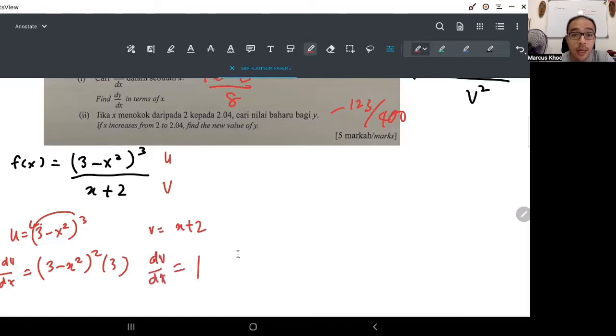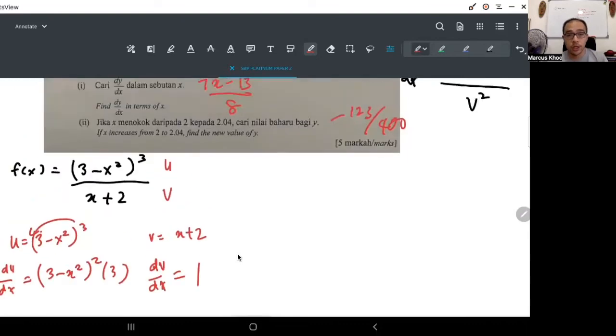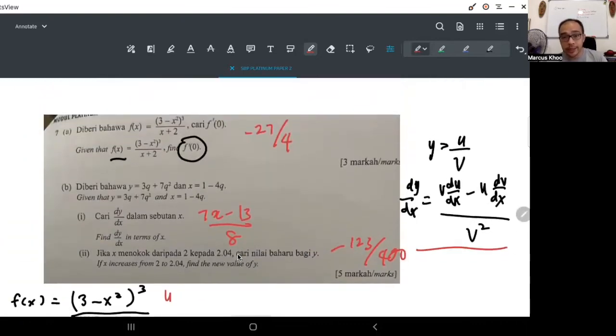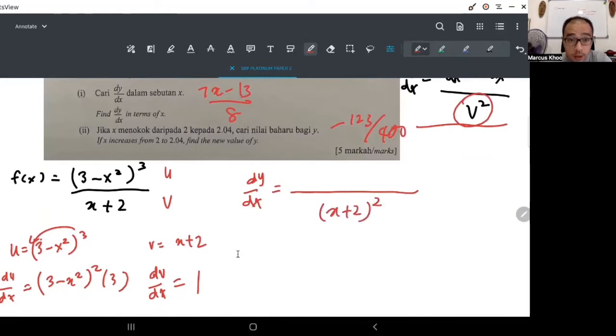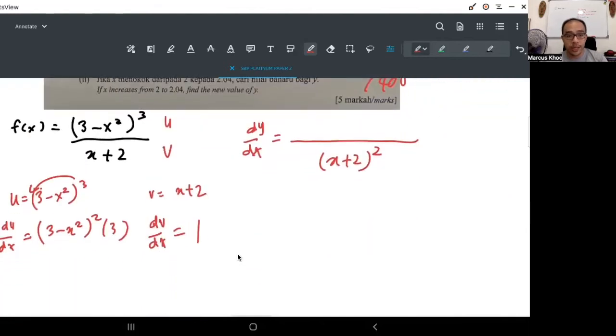That one is kind of a no-brainer. So we substitute it in here. So dy/dx is equal to, the first thing I write is the v squared, the easiest one, (x plus 2) squared. Second one is v du/dx, so this one times this one.